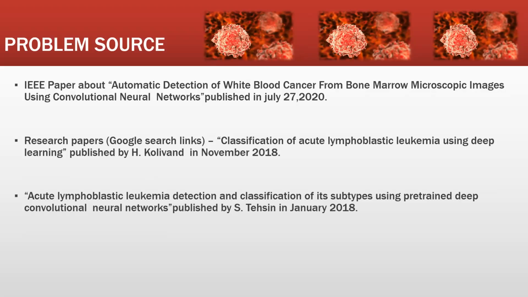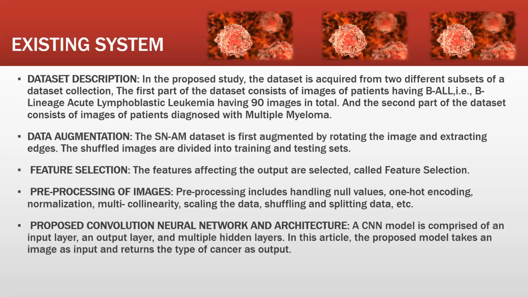Then, classification of acute lymphoblastic leukemia using deep learning, which was published in 2018, and acute lymphoblastic leukemia detection and classification of its subtypes using pre-trained deep convolutional neural networks, which was published in January 2018. Next, we will move on to the existing system.